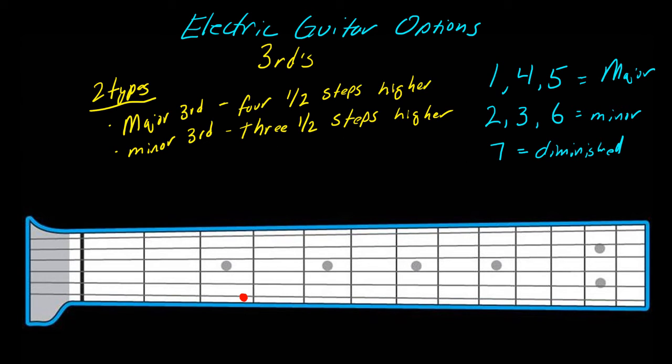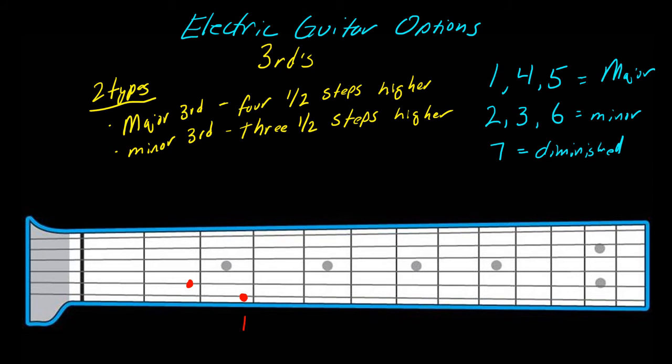I'm going to go one at a time, and this should make sense. Here's the 1 root, right? So if I'm going to play thirds off of this 1 root, I would look here. Oh, that's a major chord. So the major third pattern looks like this. That would be how you would play thirds on the number 1 chord.